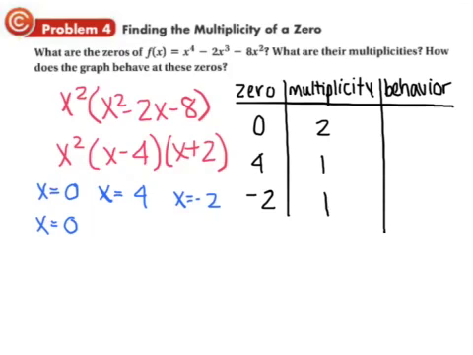Now to talk about their behavior, you just look at the multiplicity and think, okay, if this was the degree of the polynomial, how would it be behaving? If it was a degree 2 polynomial, then I would know that's what, Morgan? A parabola. It would behave as a quadratic.